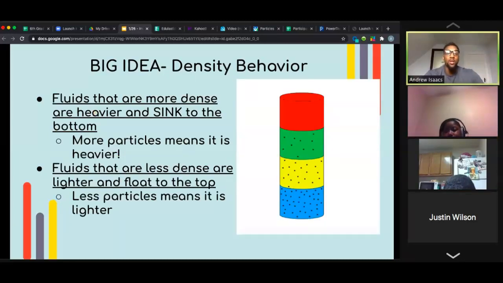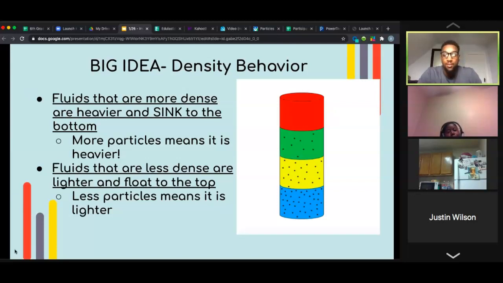So quick reminders, when we're talking about density, fluids that are more dense are heavier and they sink to the bottom, right? This is one of the questions in our do now today. More particles means it is heavier, right? Fluids that are less dense are lighter and they float to the top, which means there are fewer particles.